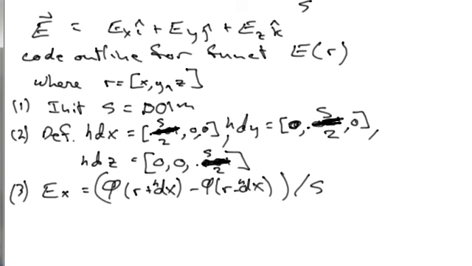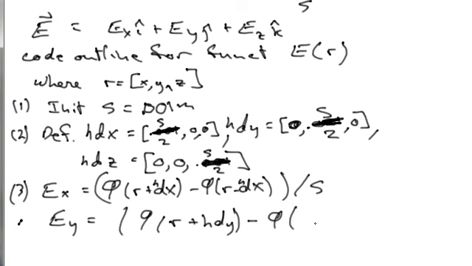And then ey is phi of r plus h dy, half of dy, minus phi of r minus h dy, all over the full step size, the dy itself, which is what s really is.